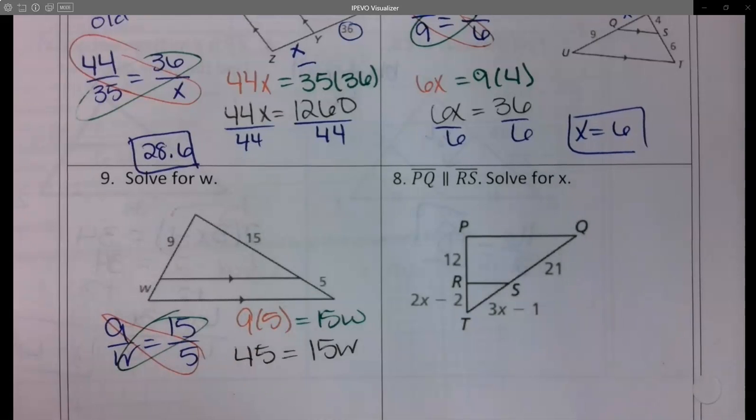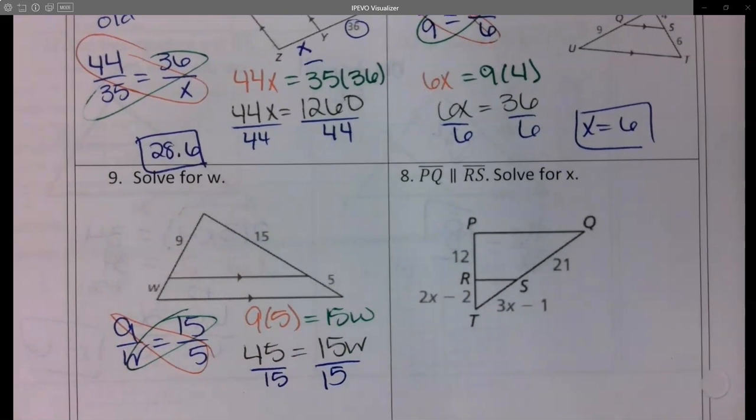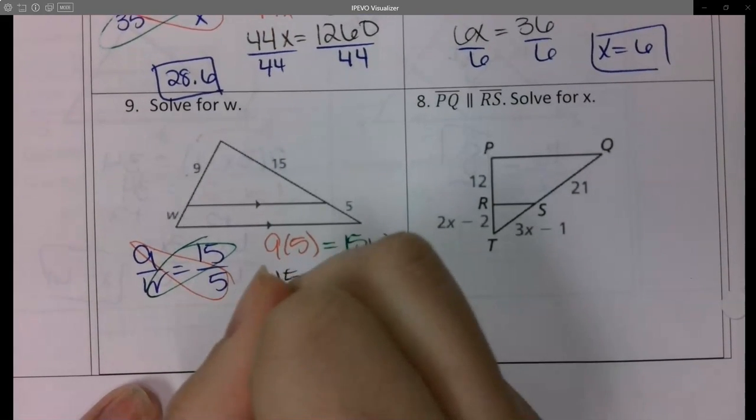Then I want to go ahead and divide both sides by 15. 45 divided by 15 gives me 3.